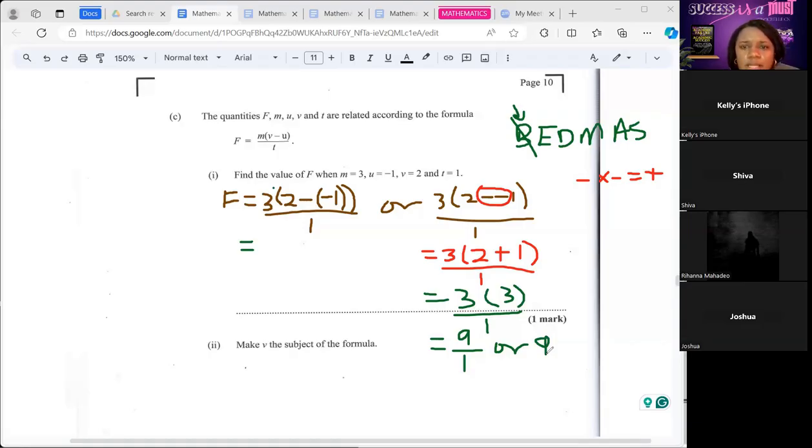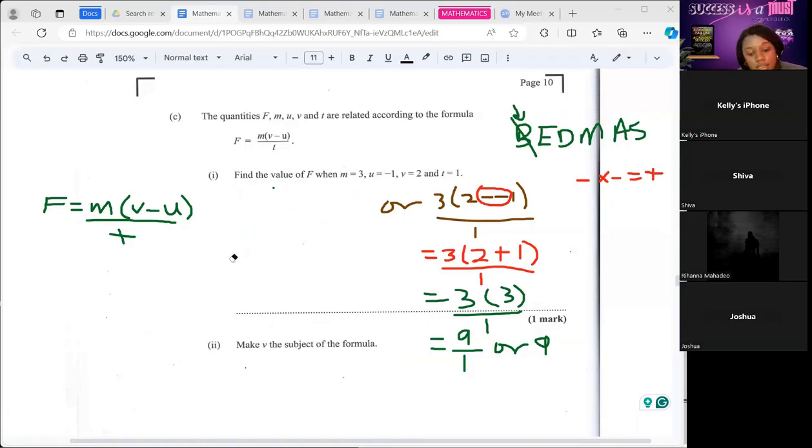Okay, so in the meanwhile, I want you to tell me: they say make V the subject of the formula using the same F. Some people got this, which is good. When they tell you to make something the subject of the formula, what are you supposed to do?